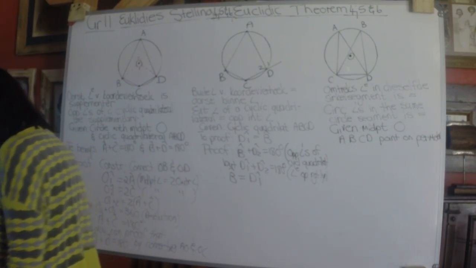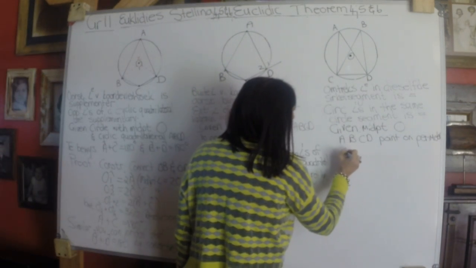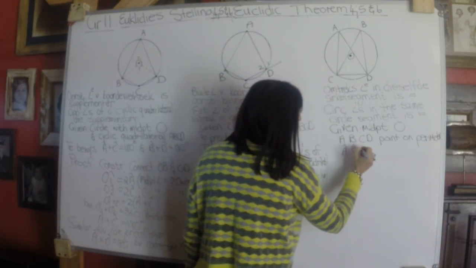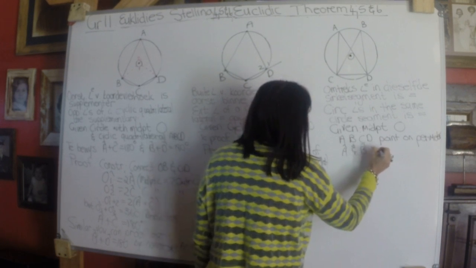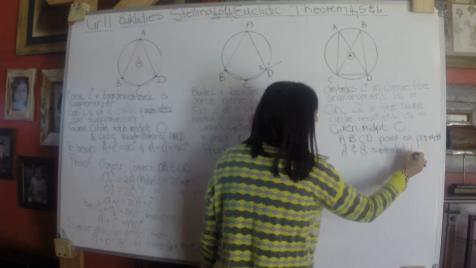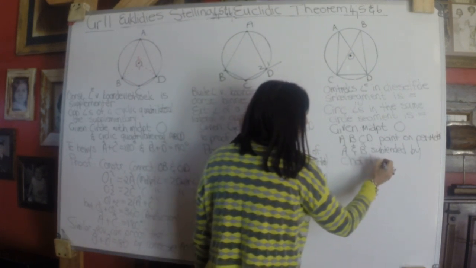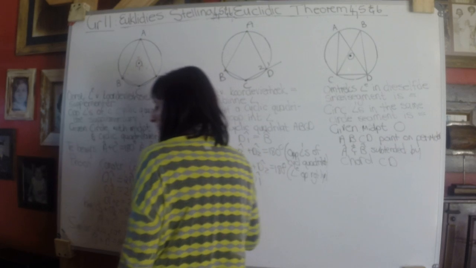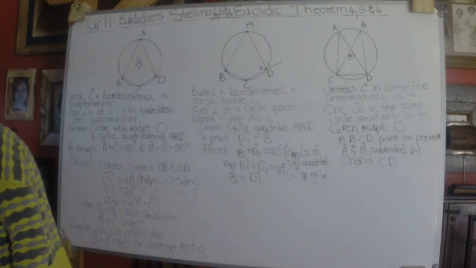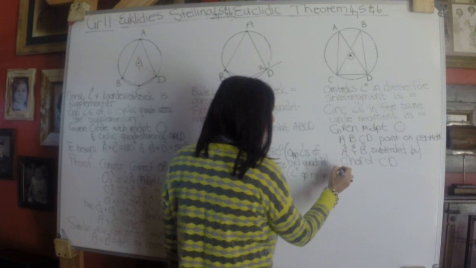Then another thing that's been given is angle A and angle B is subtended by the chord CD. That's also been given. Okay, now to prove, wat moet ons bewys?